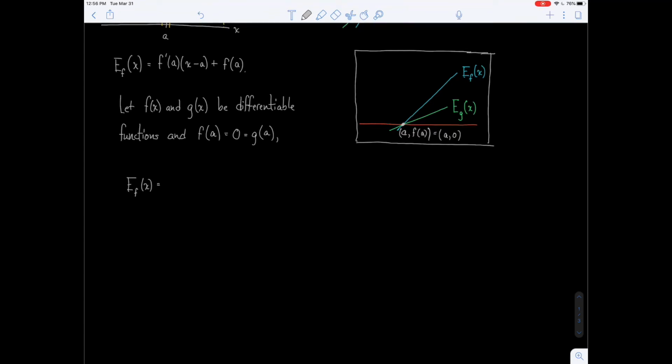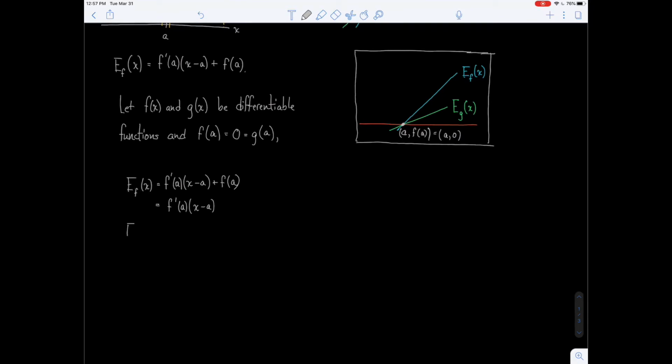This is equal to f prime of A, x minus A, plus f of A. But now if we look back at our point, we know that f of A is 0, so I'm going to simplify this as f prime of A times x minus A. And for g, we'll write it again.